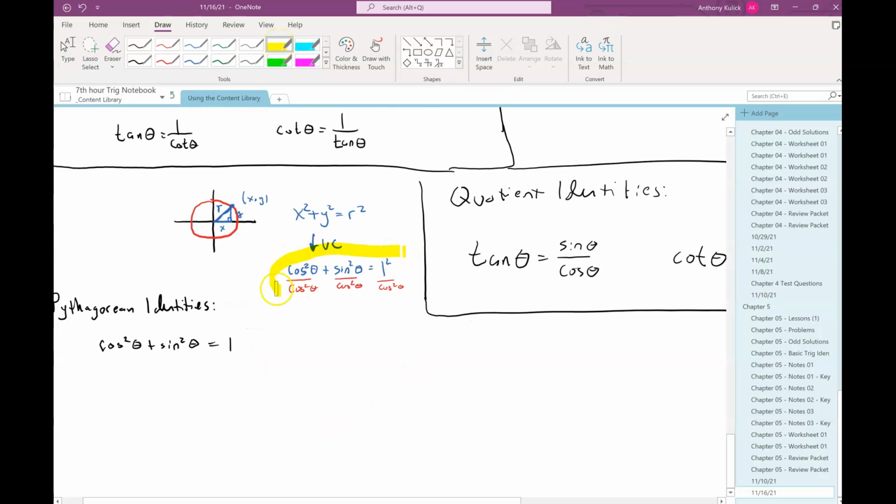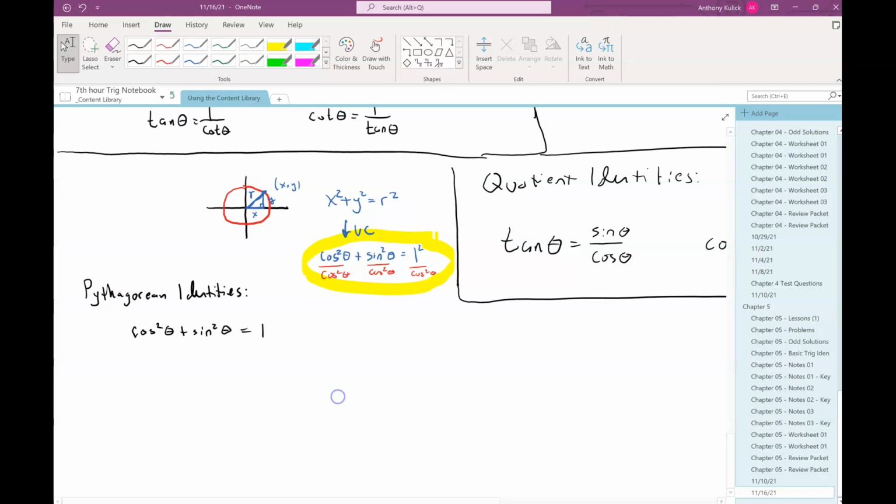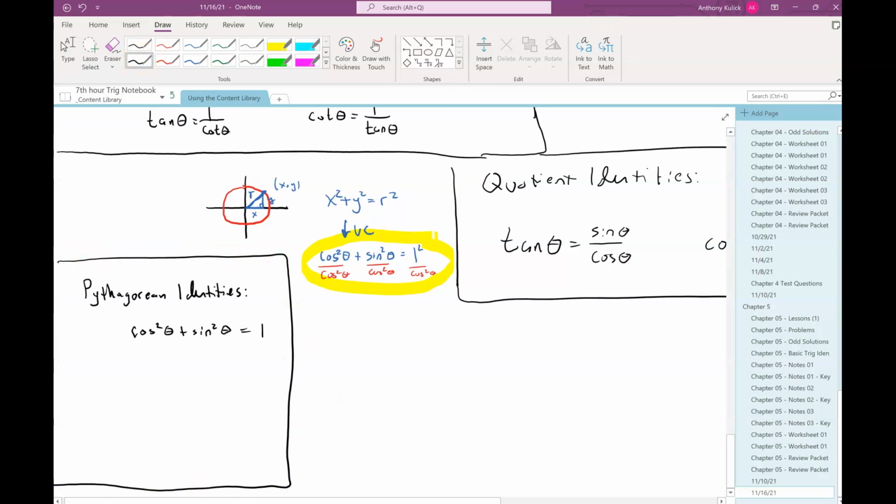So back to here, when I so rudely realized that I had forgotten to do something. So we had that Pythagorean identity, cosine squared plus sine squared equals 1. I divided both sides by cosine squared. So cosine squared divided by cosine squared is 1.